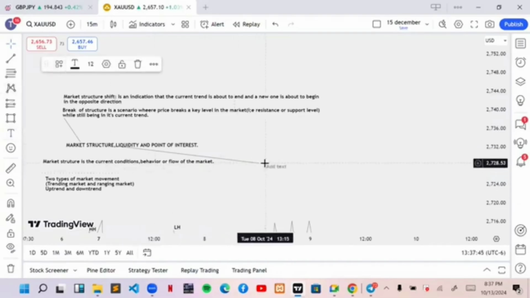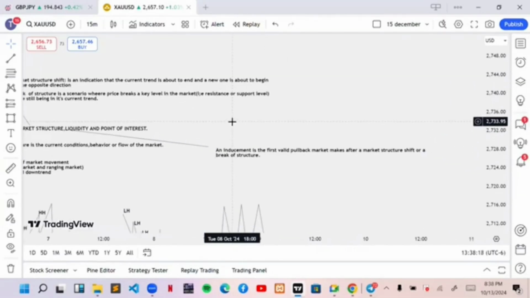An inducement is the first valid pullback that market makes after a market structure shift or a break of structure.